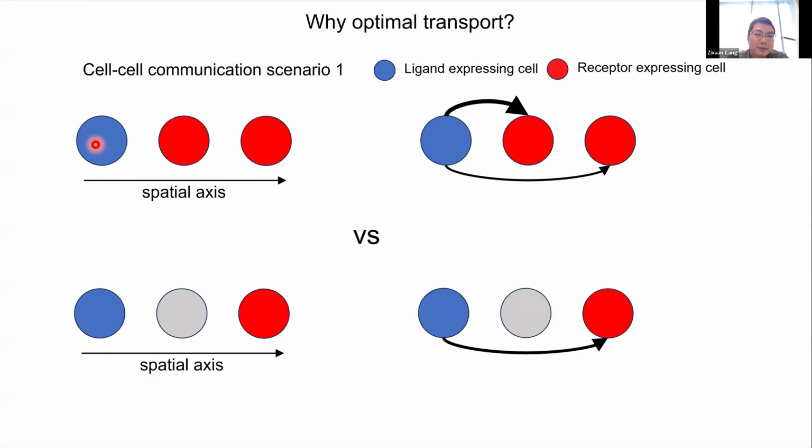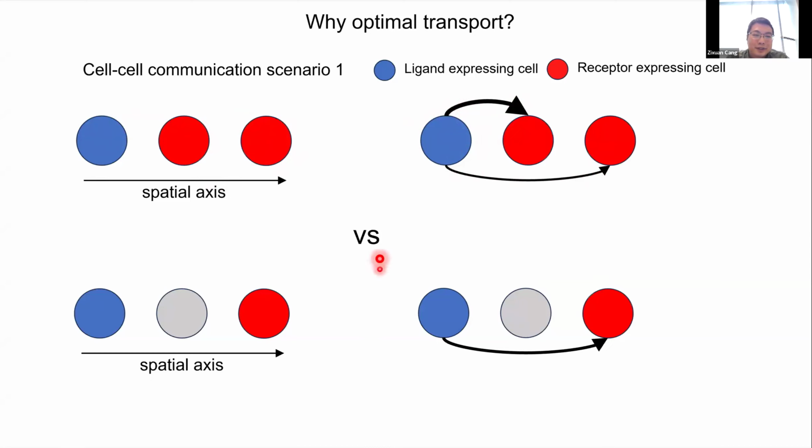So in the first scenario, if we have one ligand expressing cell here and 2 receptor expressing cells here, because this red cell on the right is farther away from this blue cell on the left, and if the amounts of receptors they produce are all the same, then we desire a method that assigns a stronger edge weight to this connection than this connection.